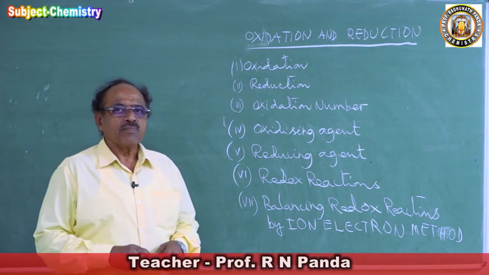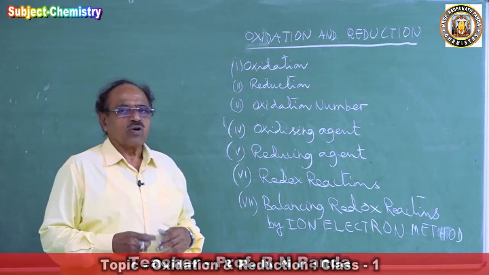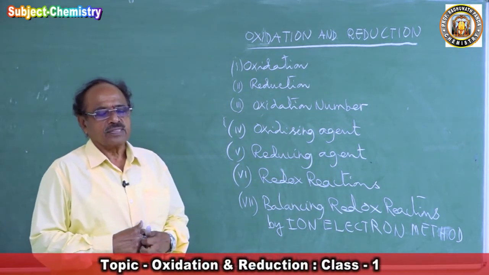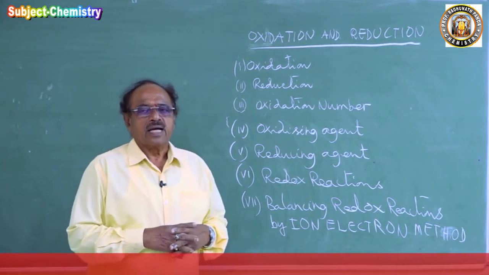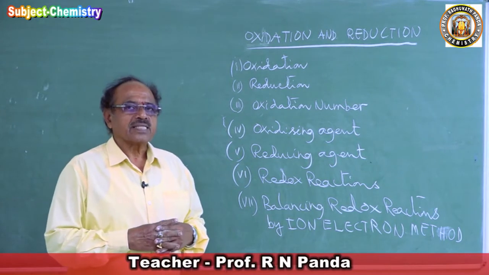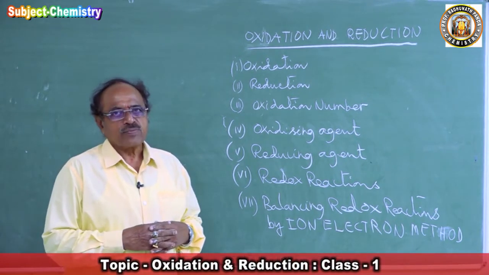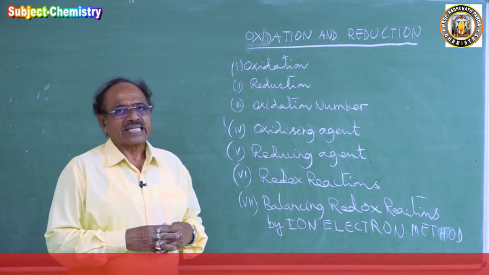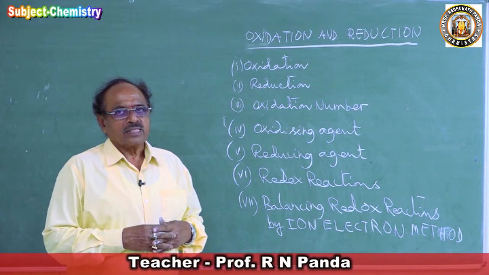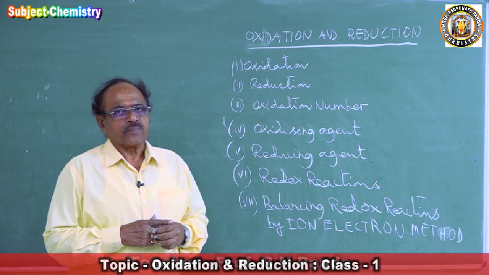It is one of the very important topics which involves the knowledge of families, and when we will be studying the families and studying different chemical stoichiometric reactions, we will be having application of this. So now coming to oxidation and reduction.